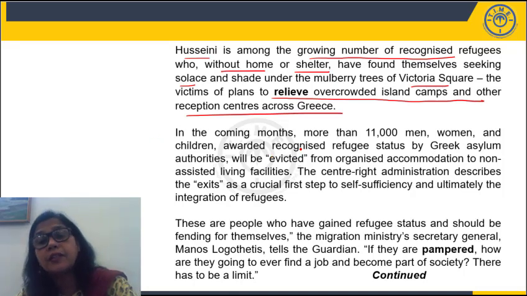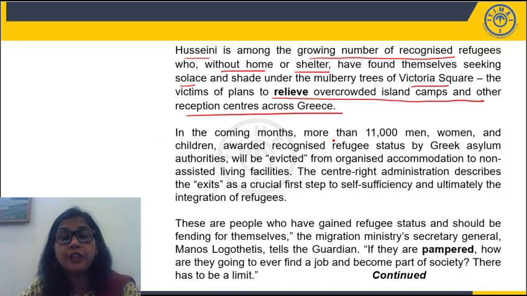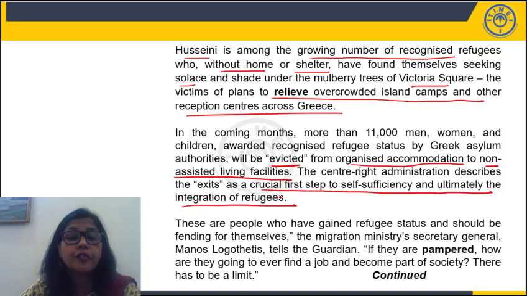So in the coming months, more than 11,000 men, women and children awarded recognized refugee status by Greek asylum authorities will be evicted from organized accommodation to non-assisted living facilities. The center-right administration describes the exits as a crucial first step to self-sufficiency and ultimately the integration of refugees.